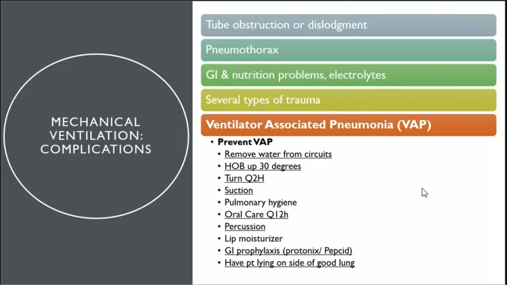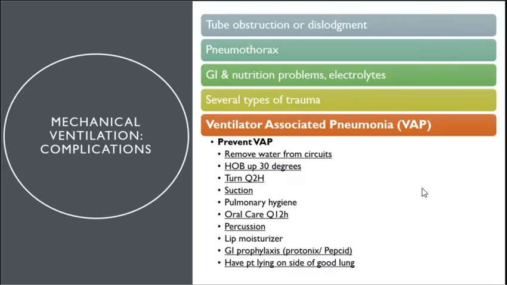Remove water from the circuits, head of the bed up at 30 degrees, turn every 2 hours. Remember, anytime something is static, things build up. Suction, we're looking for suction every 2 hours. That does not mean that they get suction every 2 hours. Remember, when you suction, you're doing 100% oxygenation prior to suctioning. You only suction for 10 to 12 seconds.